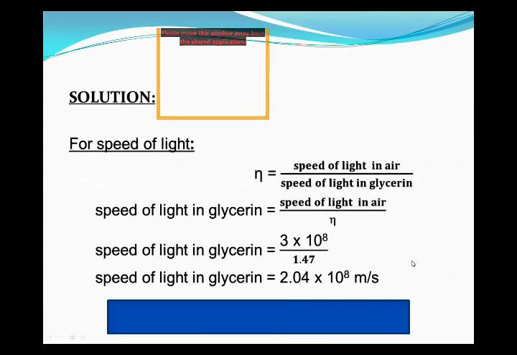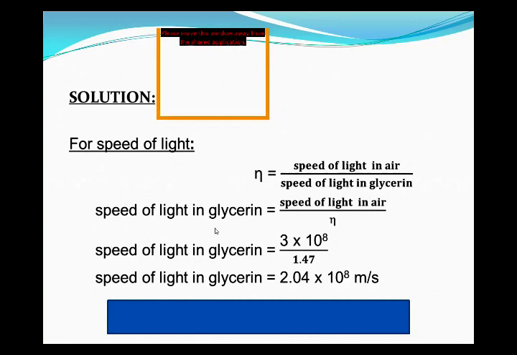In the next step, we use the formula related to the refractive index. n represents the refractive index, so refractive index is equal to the speed of light in air divided by the speed of light in glycerine.